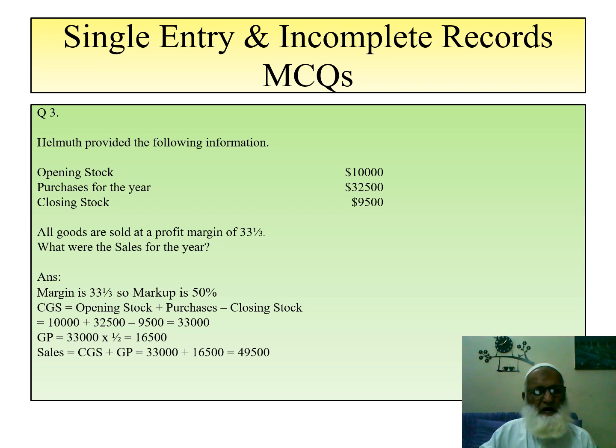Half of the cost of goods sold is the gross profit, and to get the sales, cost of goods sold plus gross profit, we get the total sales figure of 49,500. Now to the next slide.